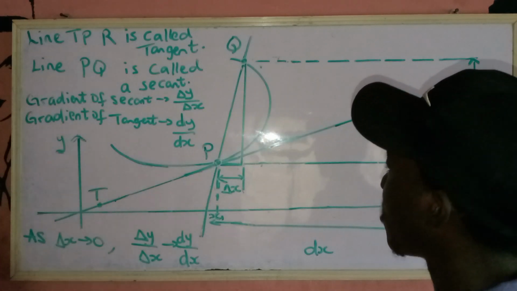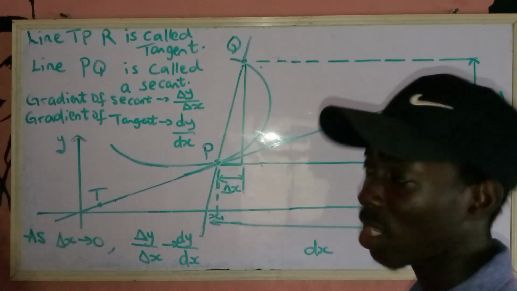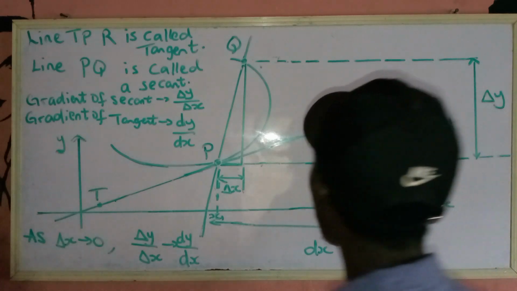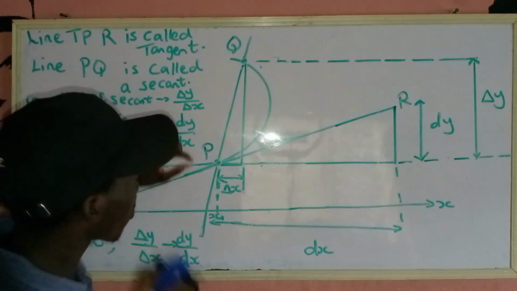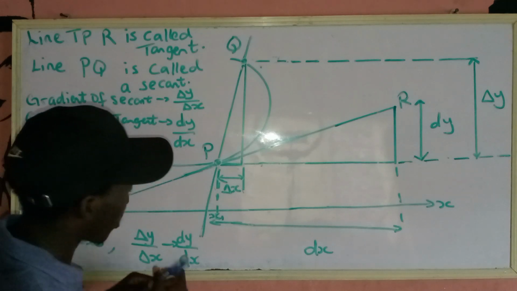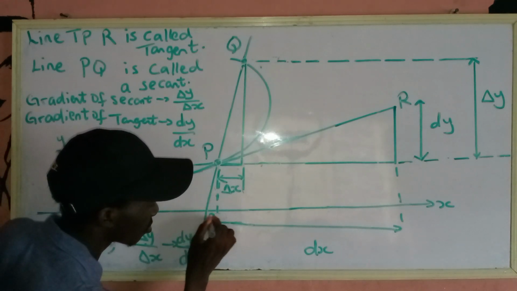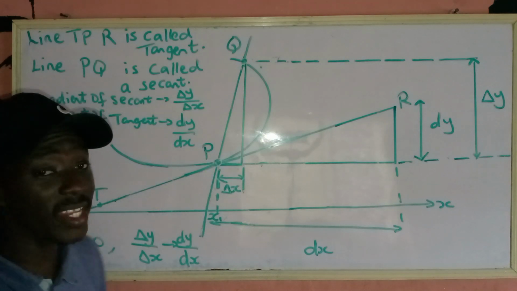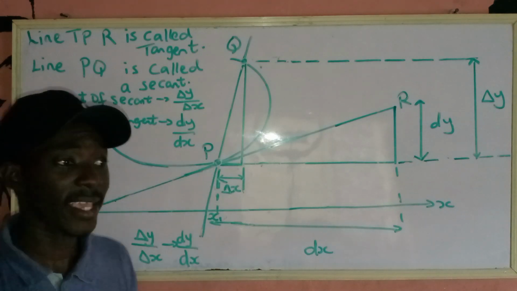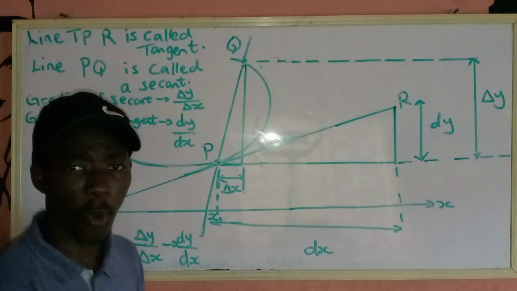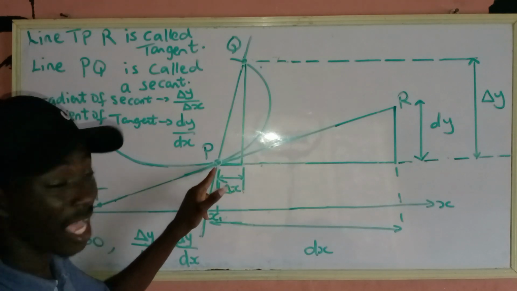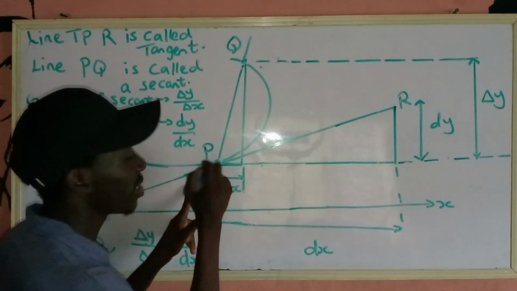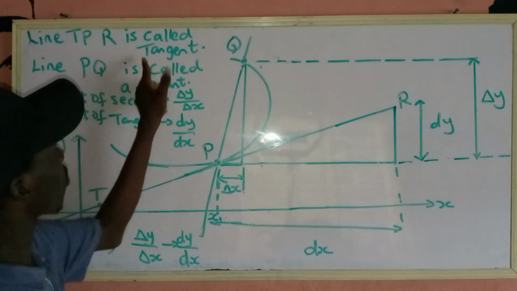Now, the next thing I want to explain: I've talked about gradient in my other videos. So the idea of differentiation is this: we want to know the gradient of the curve at this point x1. You can see I wrote x1 here. To find the gradient of a curve at a point, you take that particular point you are being asked about, then you draw a line that touches the curve at that point, which is called a tangent.